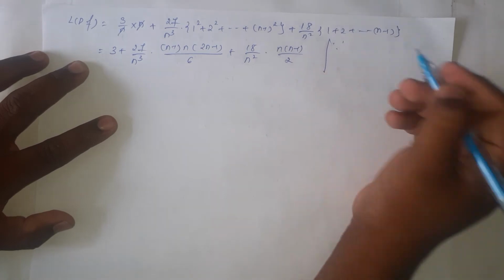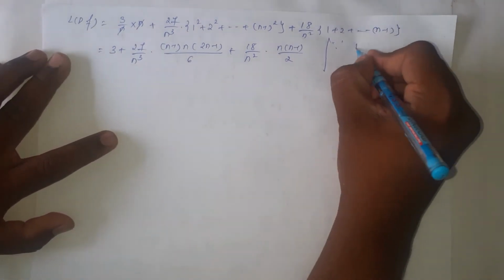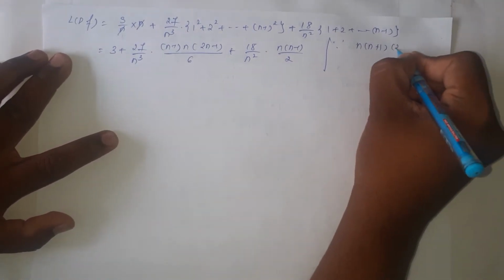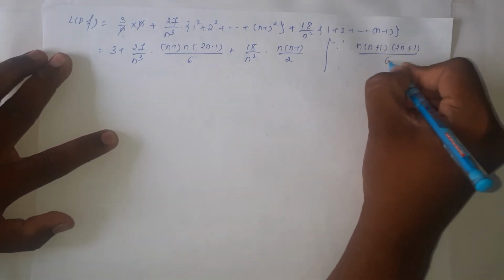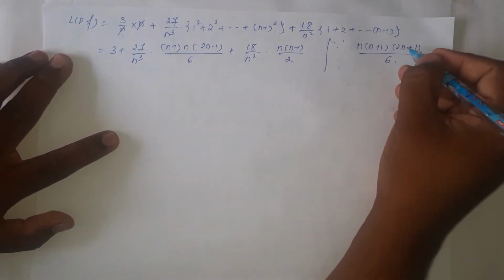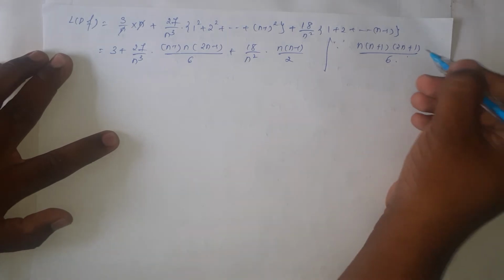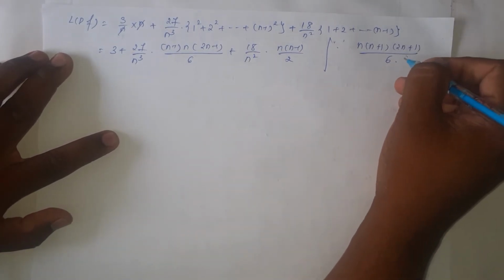So, here you can write the formula, that is n into (n plus 1) into (2n plus 1) divided by 6. So, this is the formula of the sum of squares of first n natural numbers.